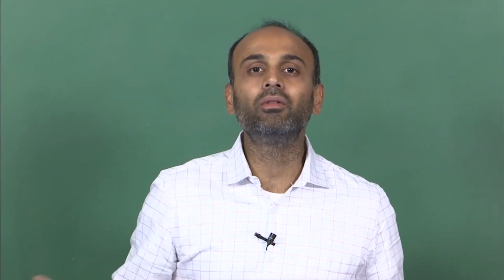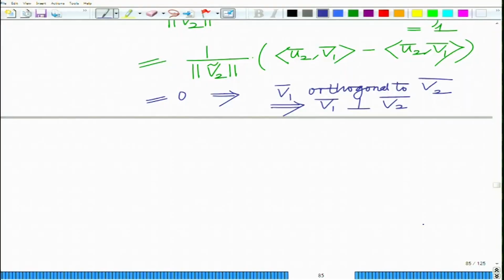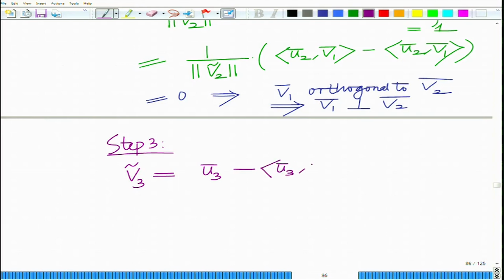Okay. So now we have created V1 bar, V2 bar. So basically at every step we are creating a set of orthonormal vectors. Now at step 3 you can clearly see how we can generate V3 tilde equals U3 bar minus the projection of U3 bar on V1 bar, minus the projection of U3 bar on V2 bar.